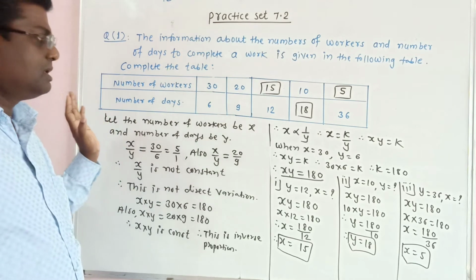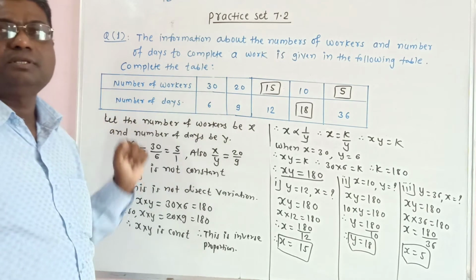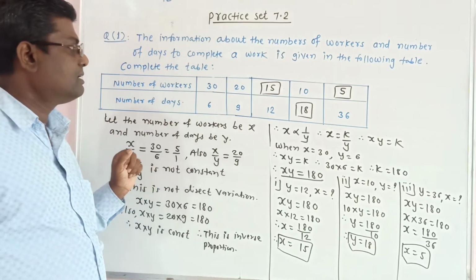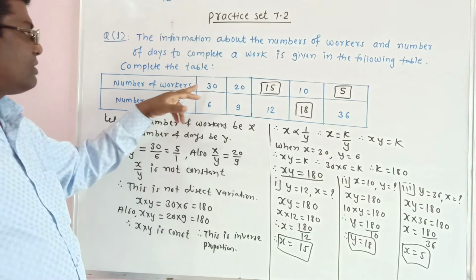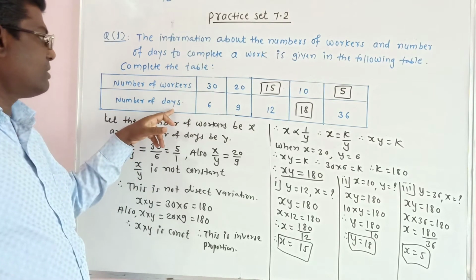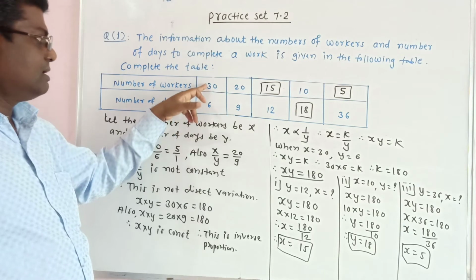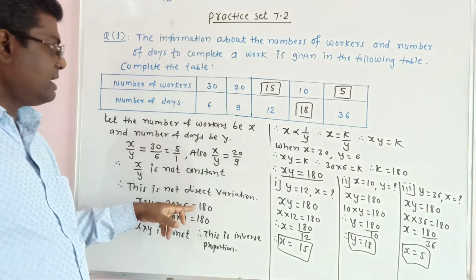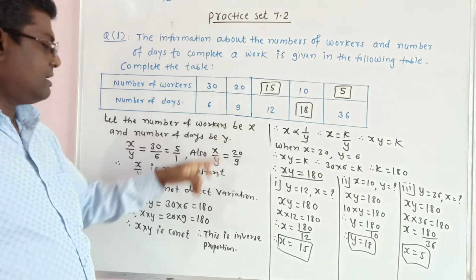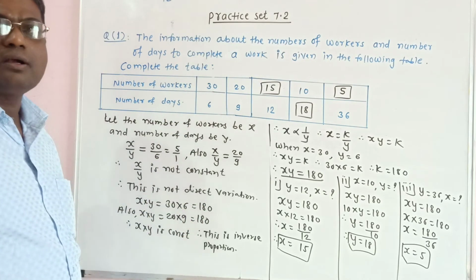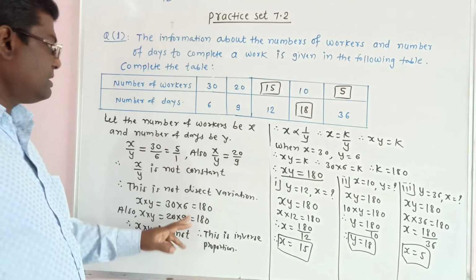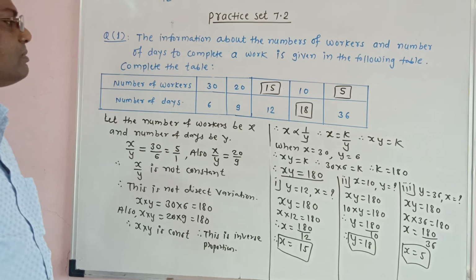This ratio is not constant, therefore this is not direct variation. Then take product of number of workers and number of days, that is x and y. 30 into 6 is 180 and 20 into 9 is 180. As product is a constant 180, therefore this is inverse proportion.